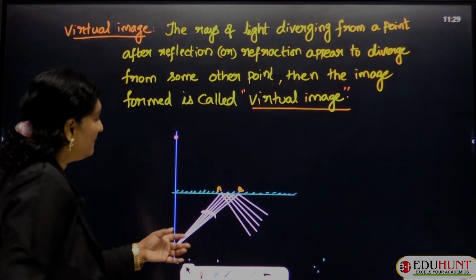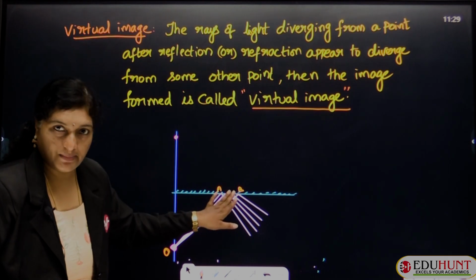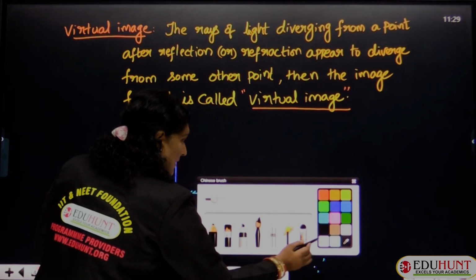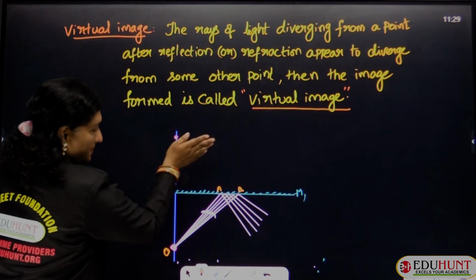So these light rays, after falling on this mirror, let me also mark the mirror as MM1, with silver on the back side.